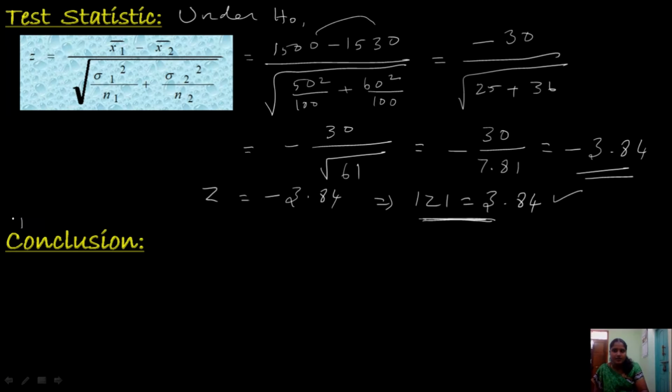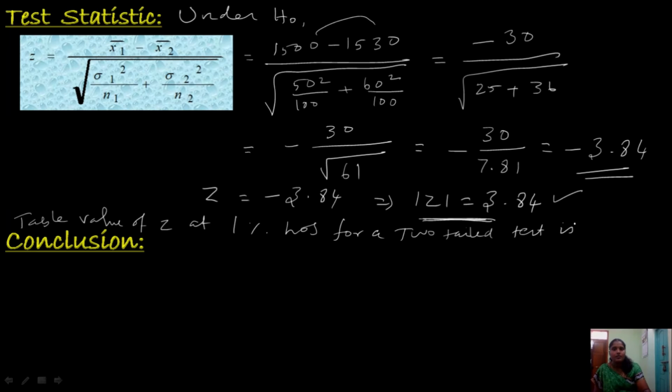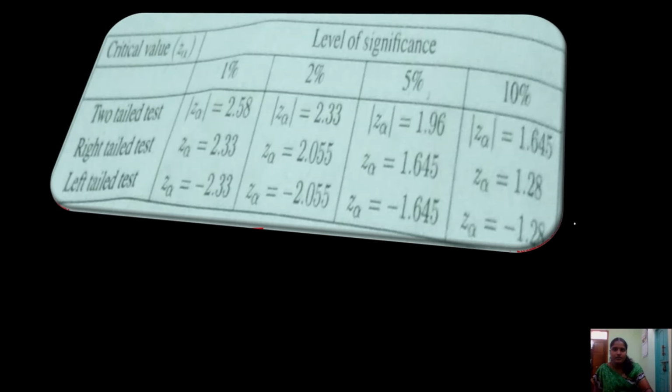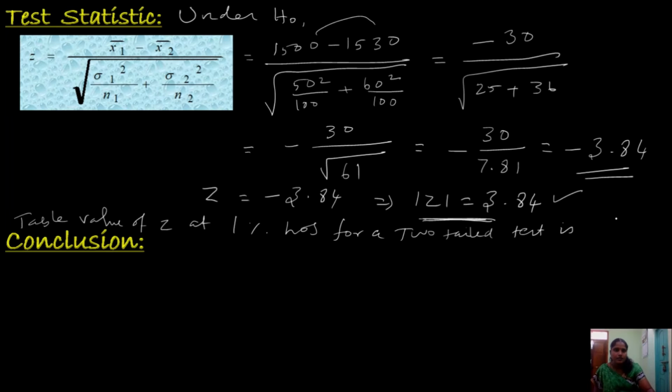The table value of z at 1% level of significance for a two-tailed test is 2.58.